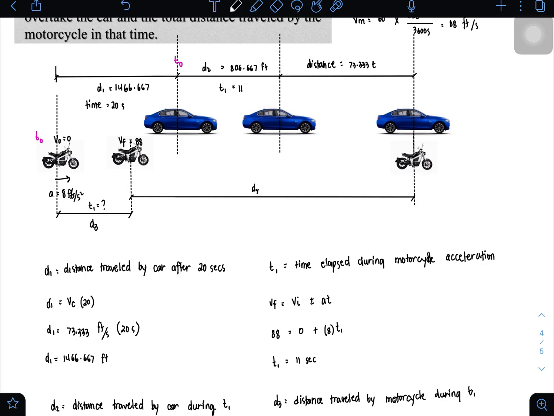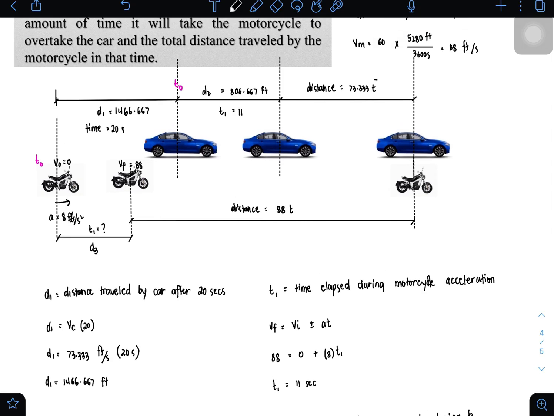And then here, this time is the same time we will use here. Distance, and that's equal to 88 times time, right? So the time from this point to there is also the same time from this point to there.